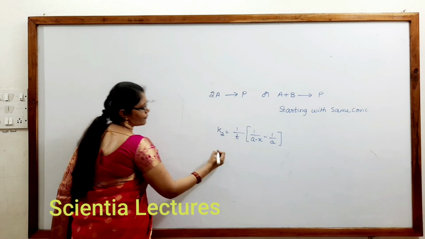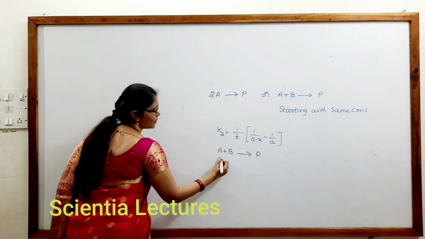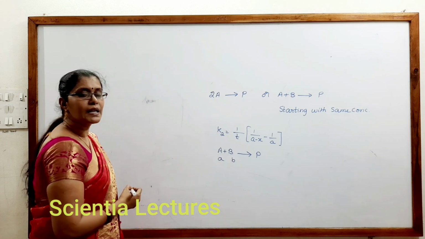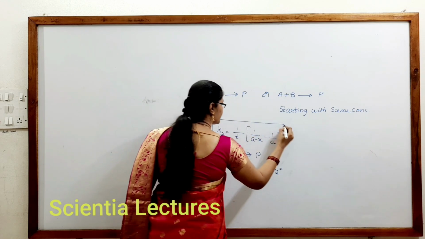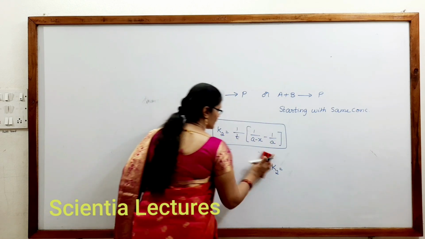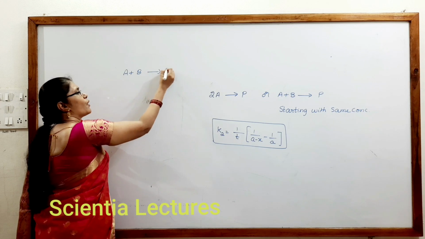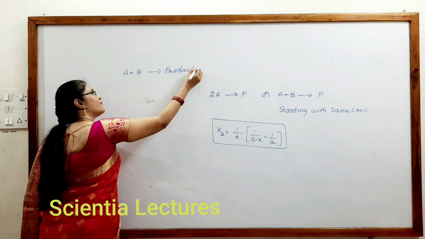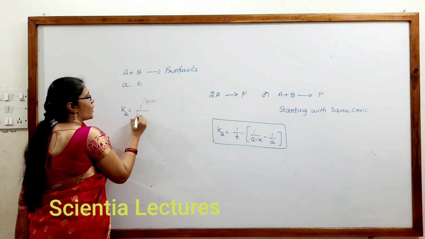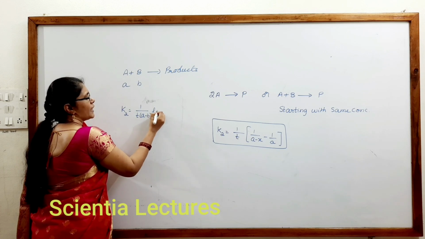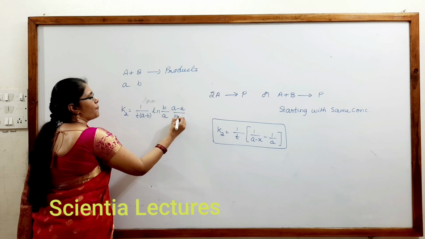Now, suppose it is of the type A plus B gives rise to products starting with different initial concentrations A and B. Then what is the rate equation we have got? If you take this second kind, A plus B gives rise to products starting with different initial concentrations A and B, then K2 is equal to 1 by T(A minus B), Ln, B(A minus X) by A(B minus X).